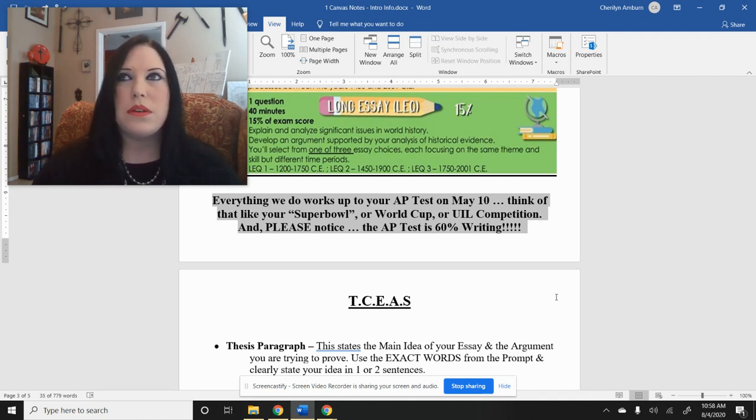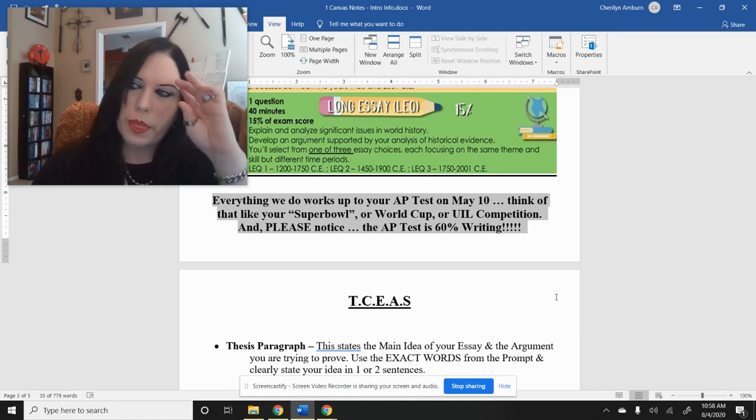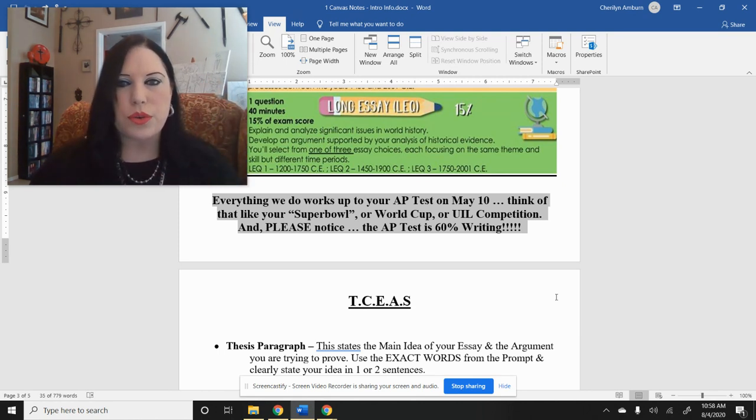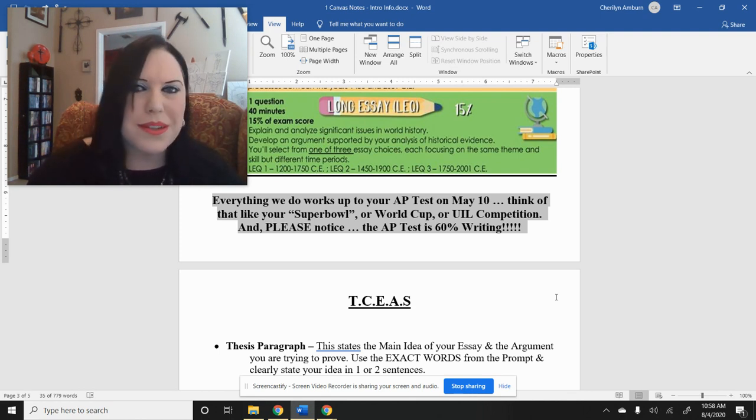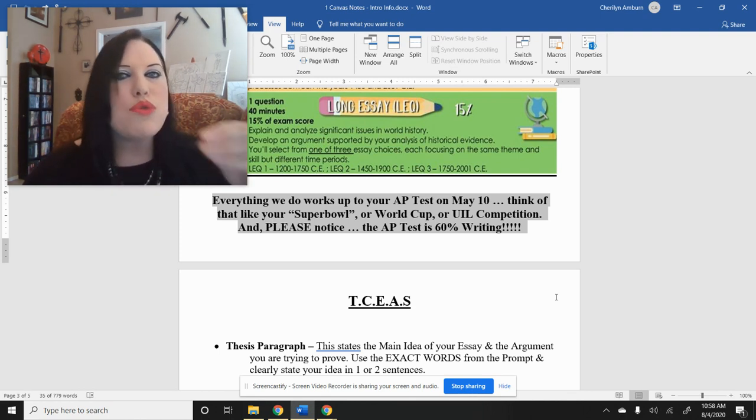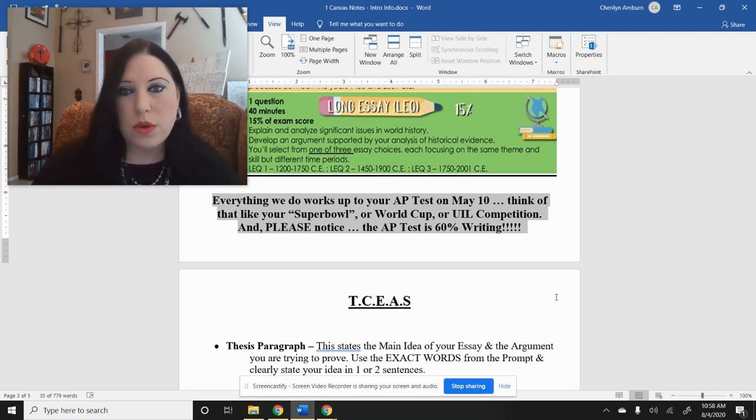Everything for, I'm a soccer girl, a soccer player, leads up to the World Cup. Everything for a football player leads up to the Super Bowl. Band, choir, orchestra, theater kids, everything you do, and even robotics, y'all do this too, right? UIL, everybody does UIL, don't they? Everything you do leads up to your UIL contest.